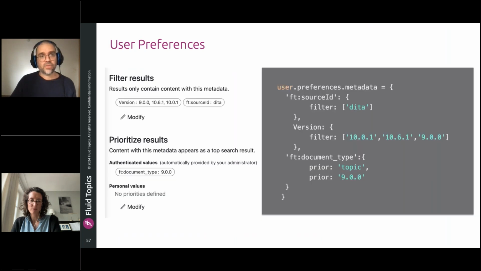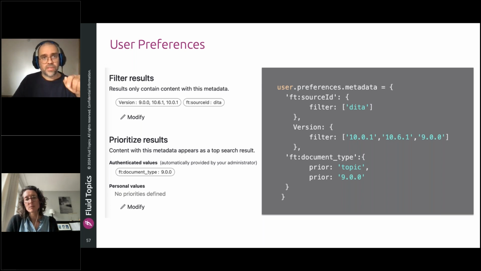With metadata, you can also influence and configure specific preferences for the user. Typically, as an administrator, I want to configure specific preferences for my users. I want them to access first content with the source which is database, and with the versions 10, 10.6.1, and with different document types, I can configure different priorities and results.